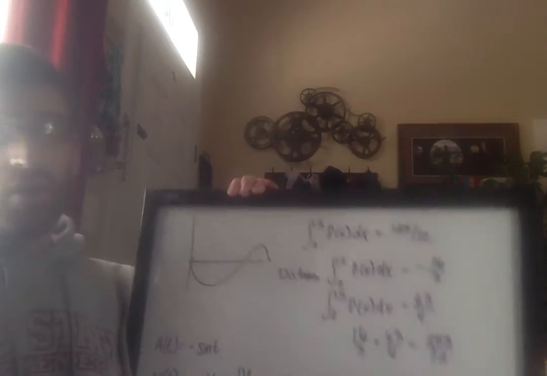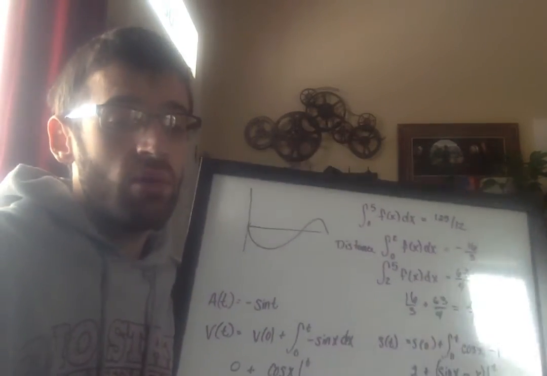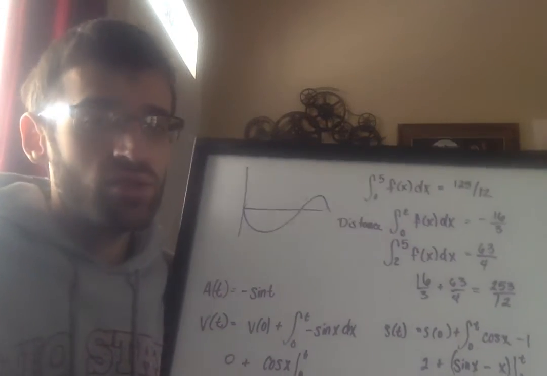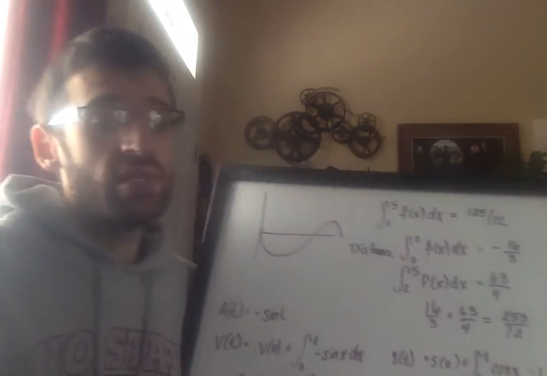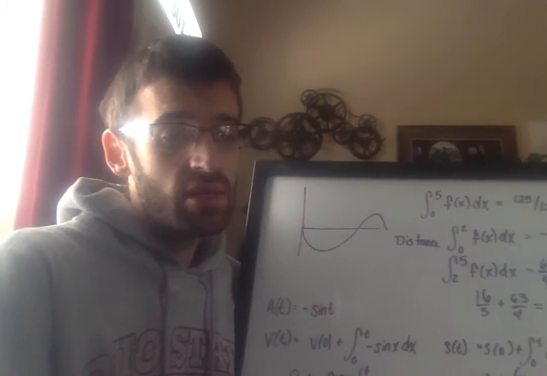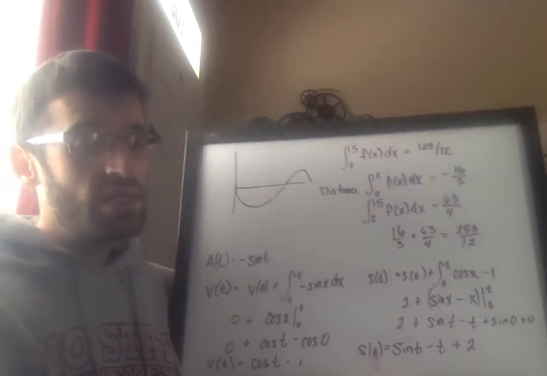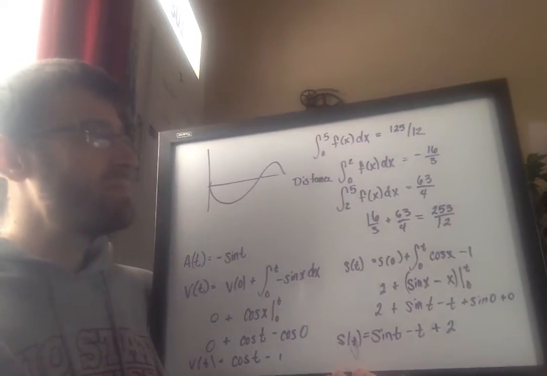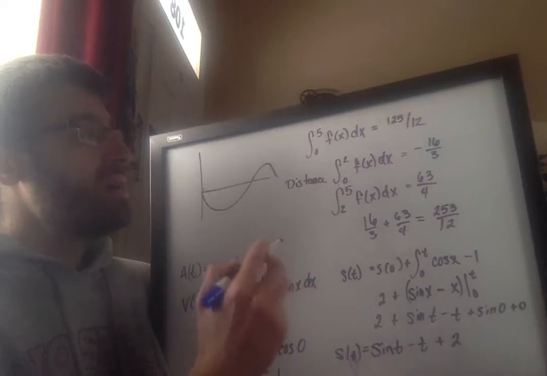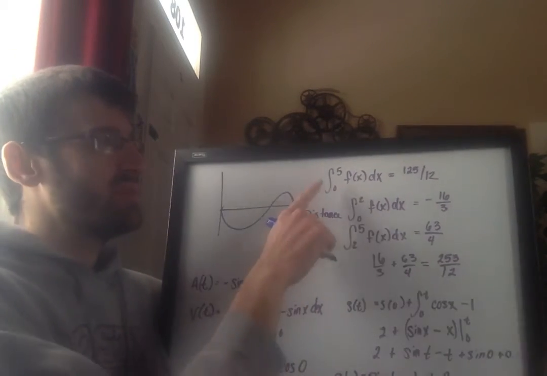It gave you a graph and it asked you to find the displacement and the distance traveled. My function was negative x to the third plus 7x squared minus 10x. It wanted you to find the displacement over the interval 0 to 5.